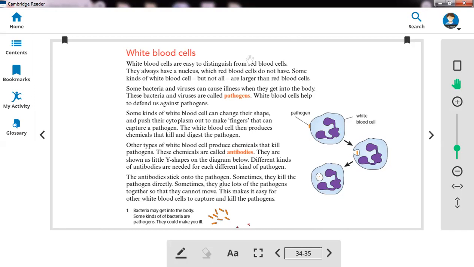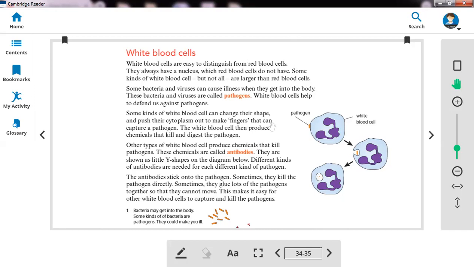The white blood cell then produces chemicals that kill and digest the viruses and bacteria. And we can differentiate these cells from the red blood cells because their size is bigger than the red blood cells, and also they contain a nucleus.